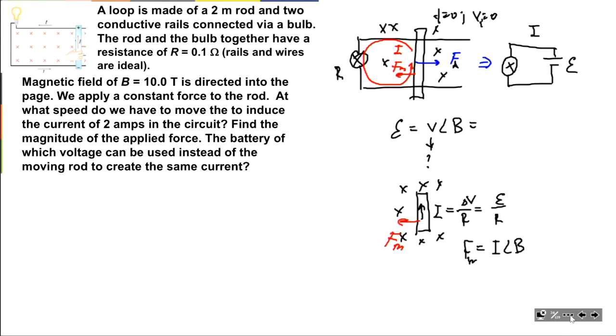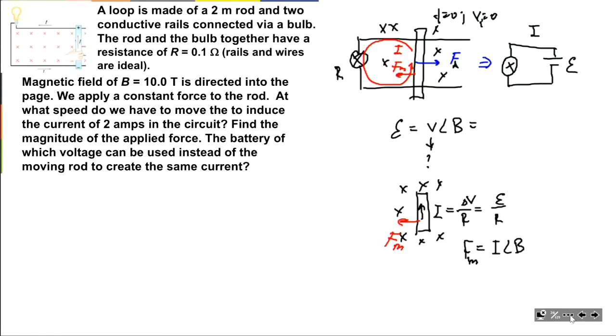This is the magnetic force. And the faster we move it, the higher EMF is induced, higher EMF, higher current, stronger force. So this force grows and eventually it becomes equal in magnitude to the applied force.